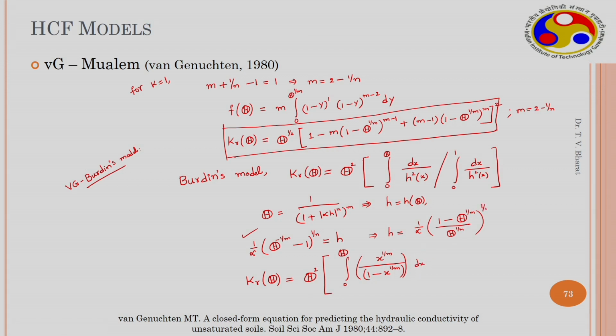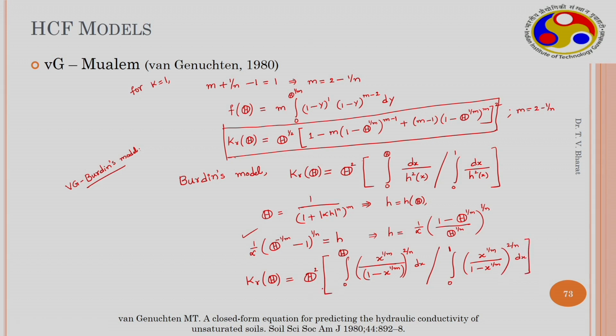Here there is a 1 by n, so there is a 1 by n term and it is squared. So, this is 2 by n. Similarly, this is the integral from 0 to 1 of x power 1 by m divided by 1 minus x power 1 by m, whole power 2 by n, dx.